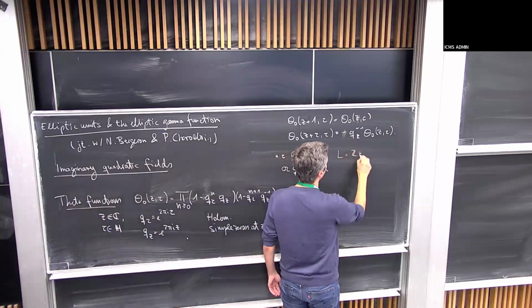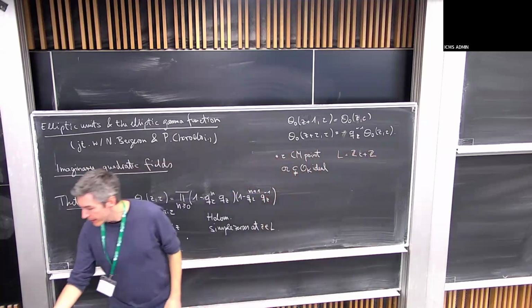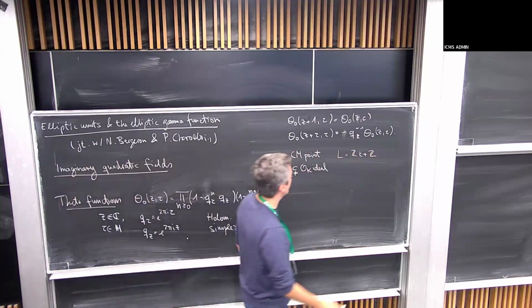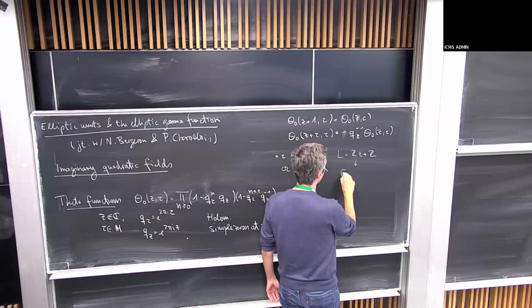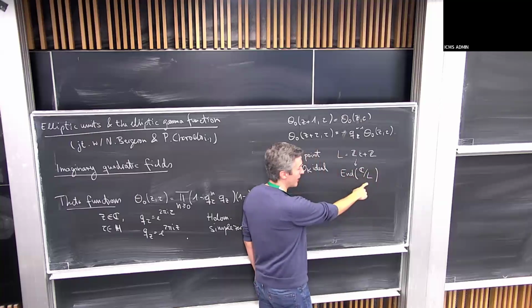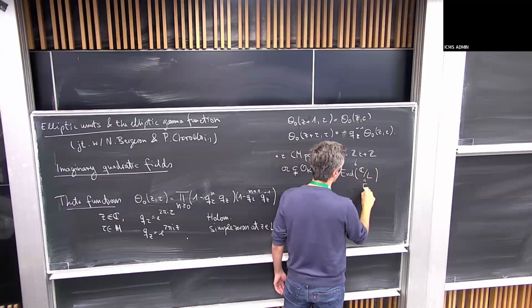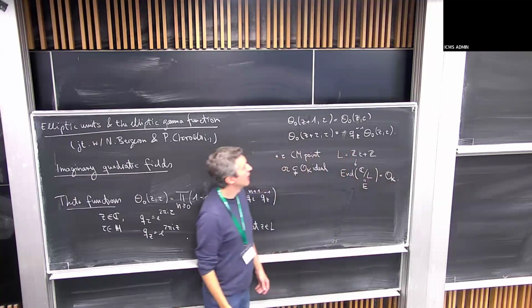First, let's consider the lattice L = Z tau + Z. Because I'm assuming that tau is a CM point, I can look at the quotient of C by L, which is an elliptic curve that I would call E. So the endomorphisms are now the ring of integers.